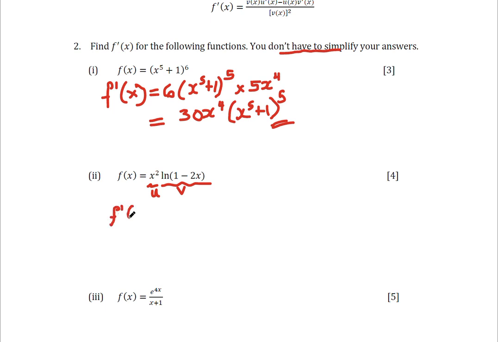So f prime x is equal to, so let's now differentiate this product. F prime x will be equal to v of x multiplied by u prime of x, plus u of x multiplied by v prime of x.